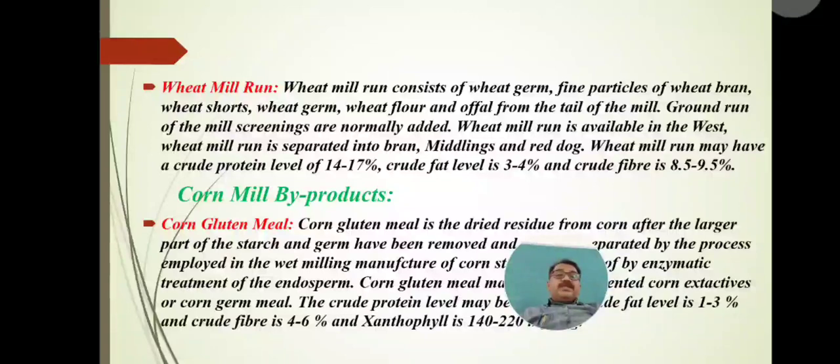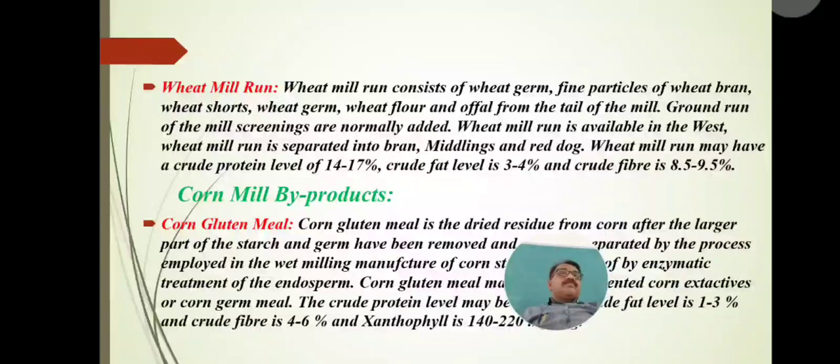Wheat mill run may have a crude protein level of 14 to 17%, a crude fat level of 3 to 4% and a crude fiber level of 8.5 to 9.5%.